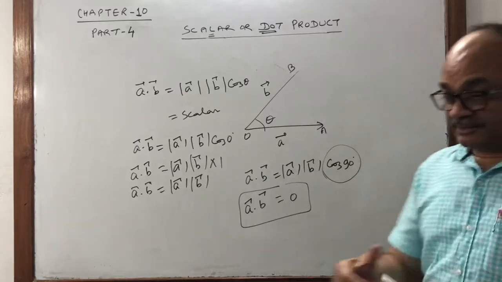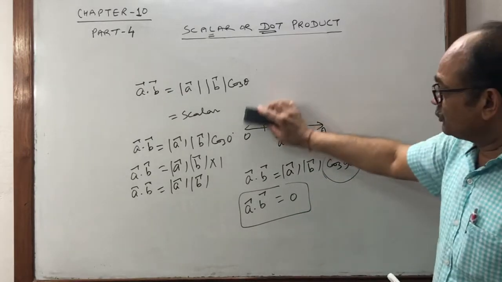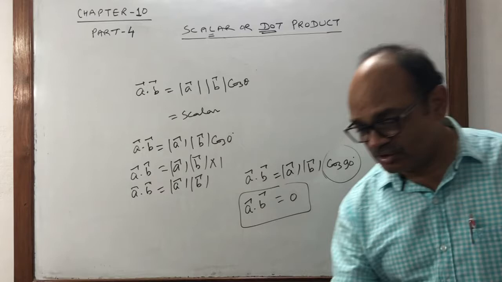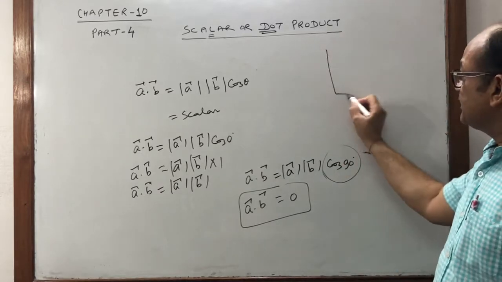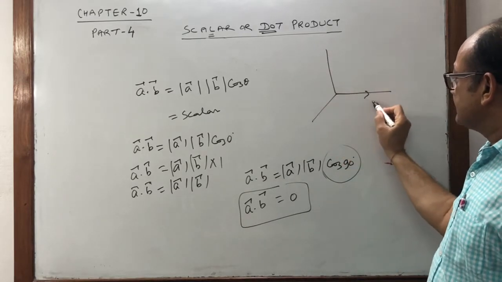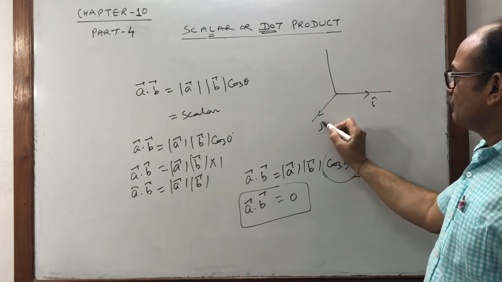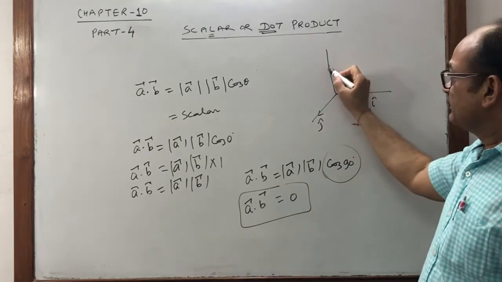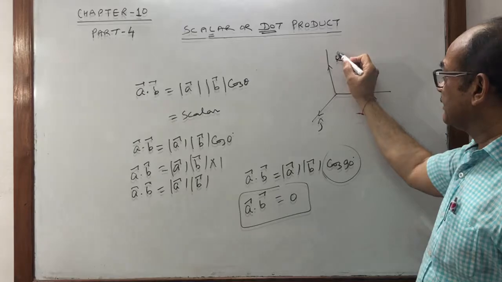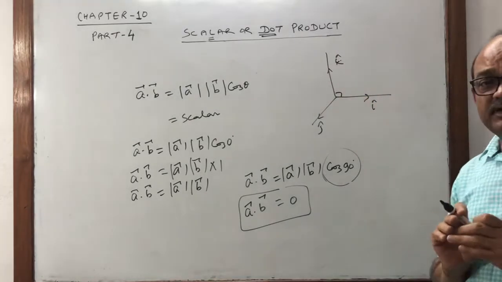The next point, suppose we have an orthogonal system. Orthogonal system means I, J, K. X-axis I unit vector, Y-axis J unit vector, and Z-axis K unit vector. And the angle between them is 90 degrees.